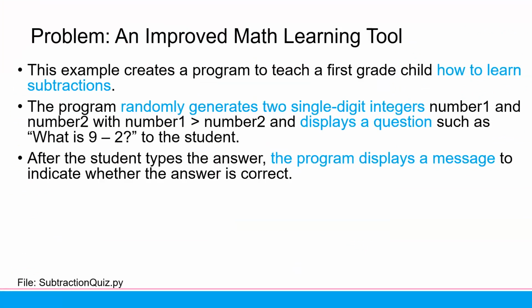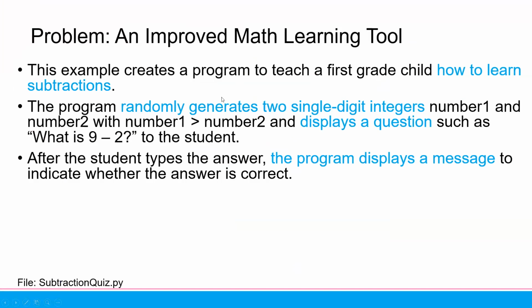Now, there is another problem: an improved math learning tool. This example creates a program to teach a first grade child how to learn subtraction. Previously, some pages before this one, we created problems to teach the first grade child how to do addition.